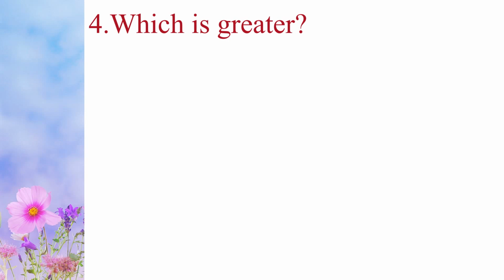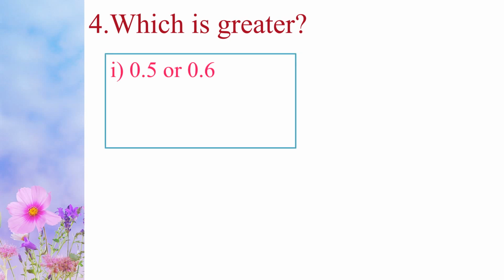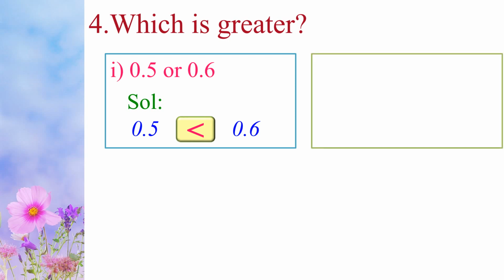Fourth sum, which is greater. First, the given decimals are 0.5 or 0.6. The whole number part is the same, so by comparing the decimal part, we get 0.6 is greater than 0.5. Next sum, 0.09 or 0.05.